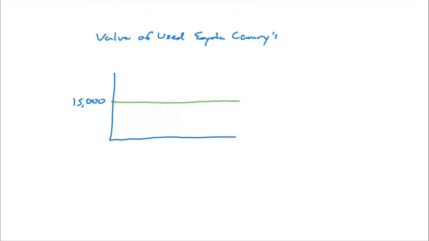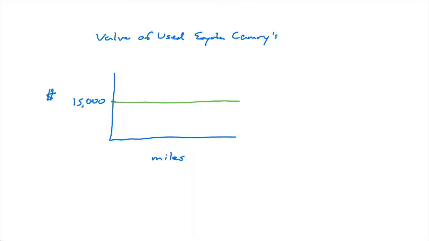On our y-axis, we have the value of the car, in dollars. We've got the value of our used Camry, and we're going to say right now that the average is $15,000. And I am going to look at the value of the car in terms of miles.